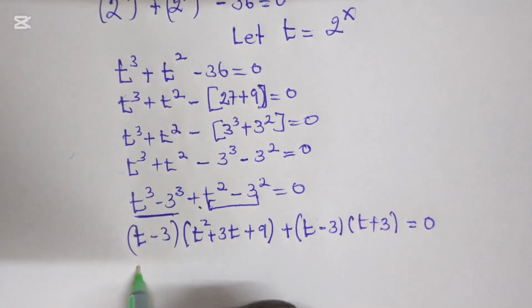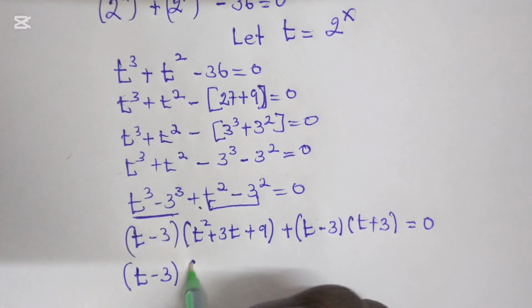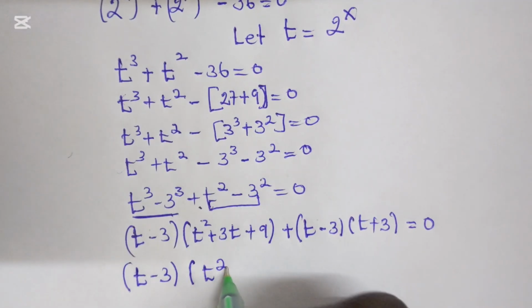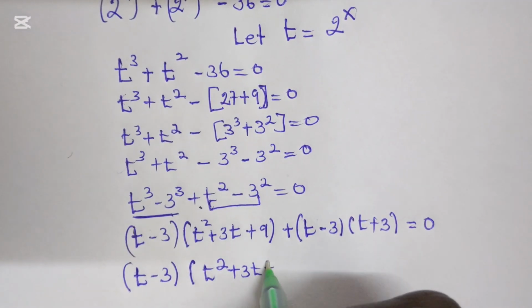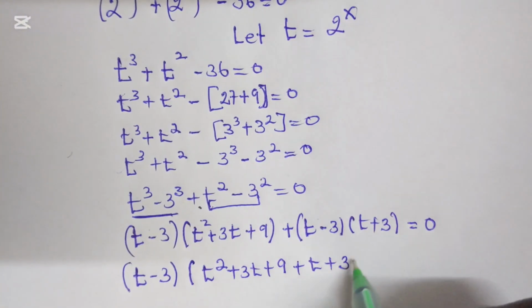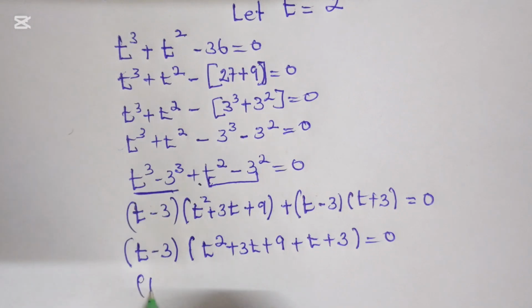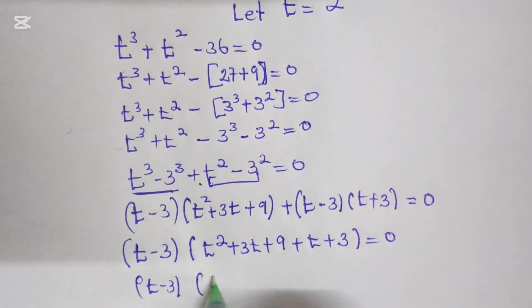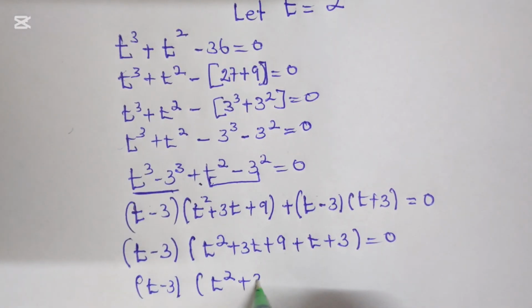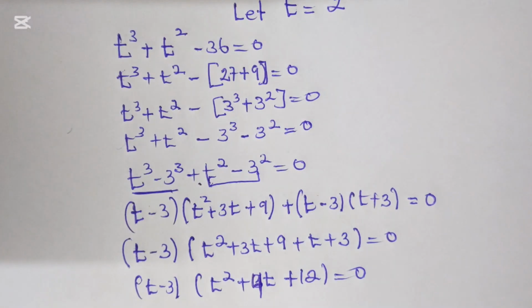By factorization, t minus 3 goes out to get t squared plus 3t plus 9 plus t plus 3 equals 0. So t minus 3, times t squared plus 4t plus 12, equals 0.